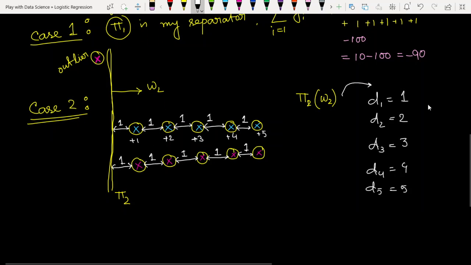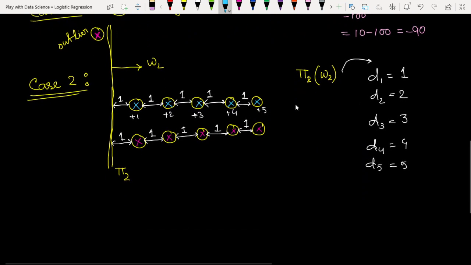At the end of the day, for blue points in case 2, just bear with me, for positive points we compute yi into the distance di. For positive points yi is +1 and the distances are 1, 2, 3, 4, 5.